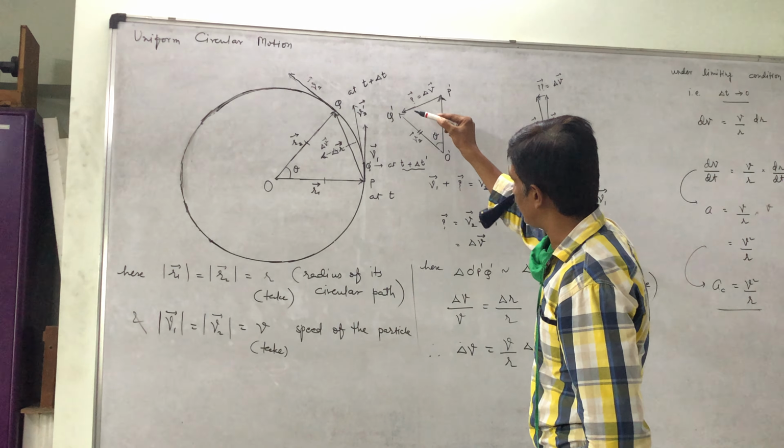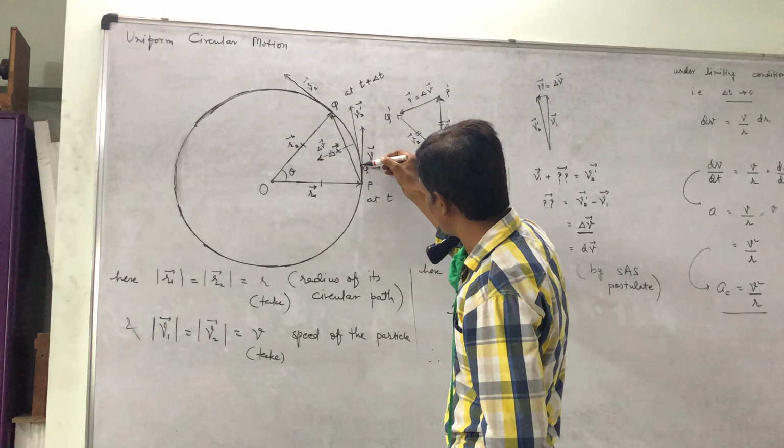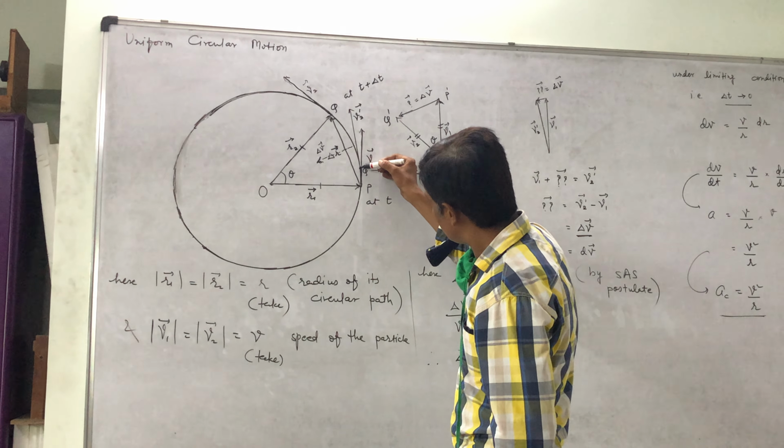But if we take a very small time interval, this is the photograph at time t. After a very short while, delta t is very small, so the second position may be here. This time the initial velocity is v1 as it is, but the final velocity is not v2. Now this final velocity is slightly slanted, say v2 dash.